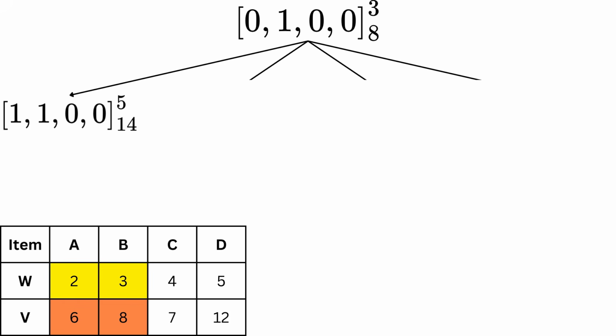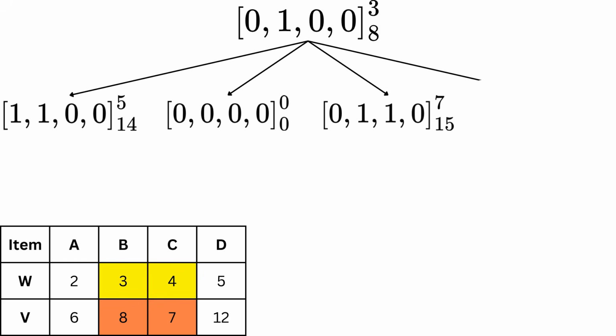From here, we can generate 4 new states by flipping each bit. If we flip the first bit, we get 1100, which means items A and B are included. The total weight is 3 plus 2, 5, and the total value is 6 plus 8, that is 14. By flipping the second bit, we can generate another state, that is 0000, which means no item is selected. So its evaluation value would be 0.